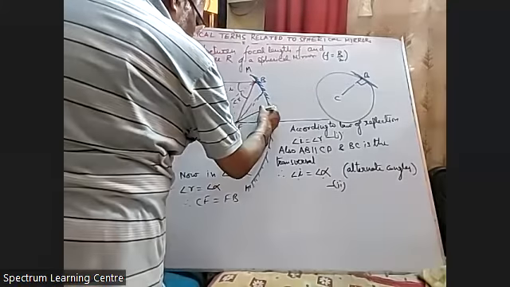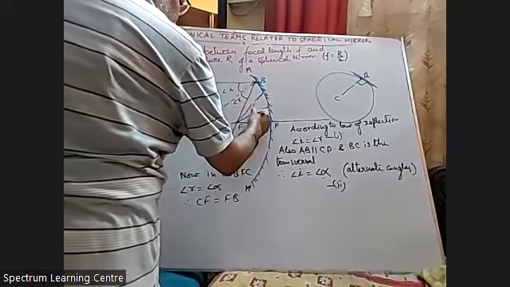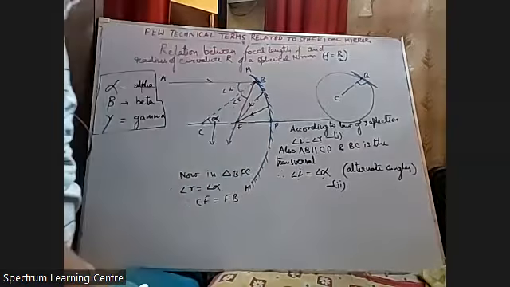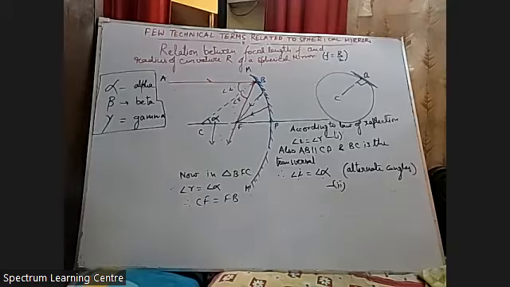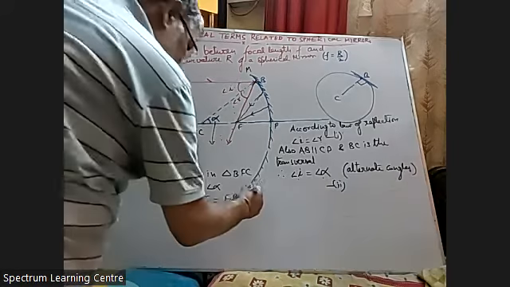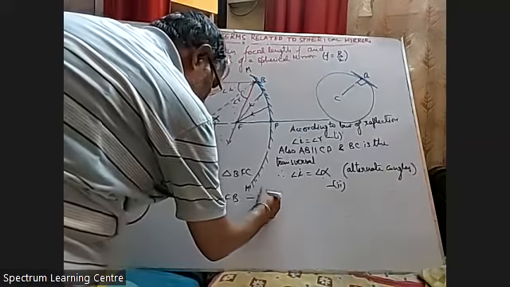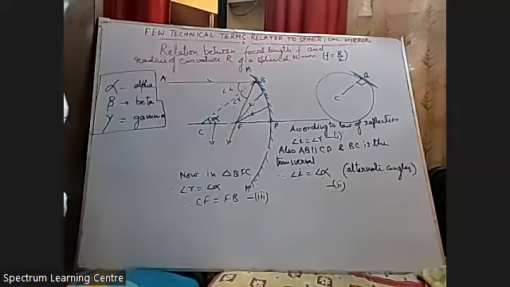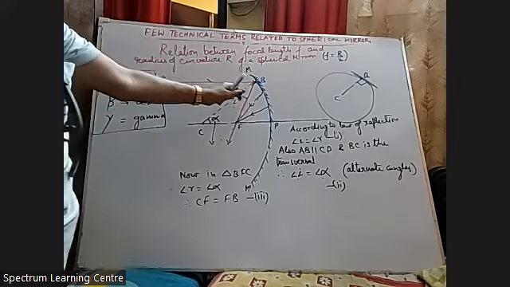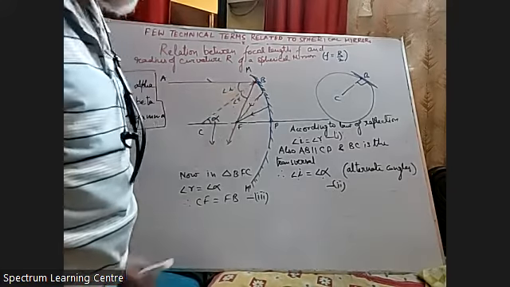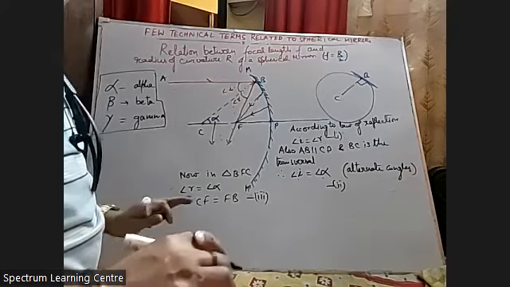If I reduce more, this line will become this. Are you getting my point? What is happening? FB is becoming smaller. Is this clear?